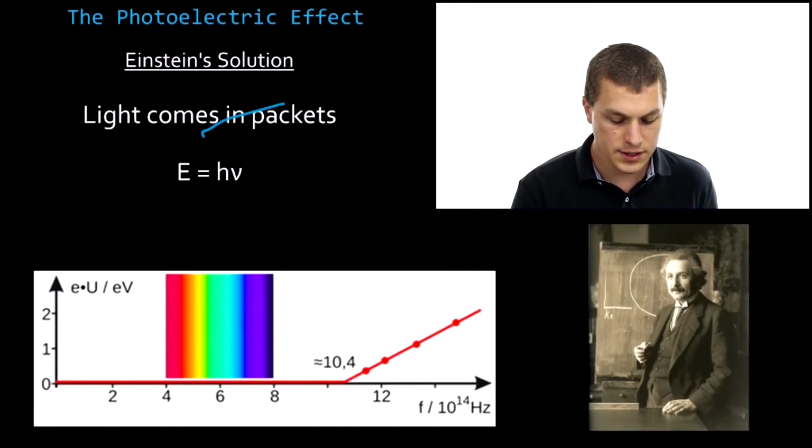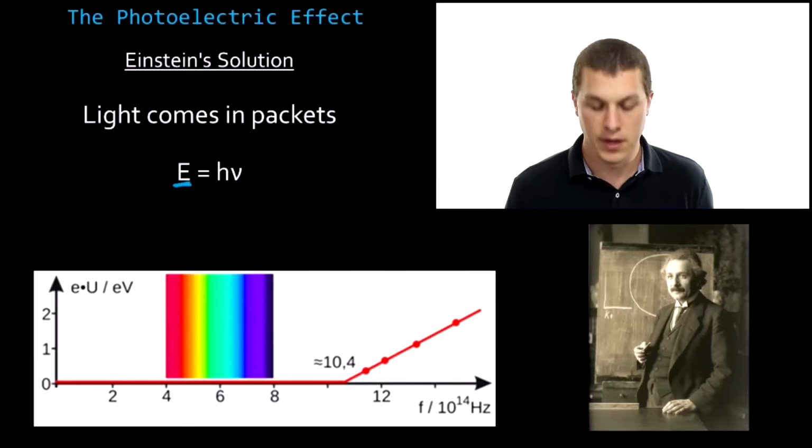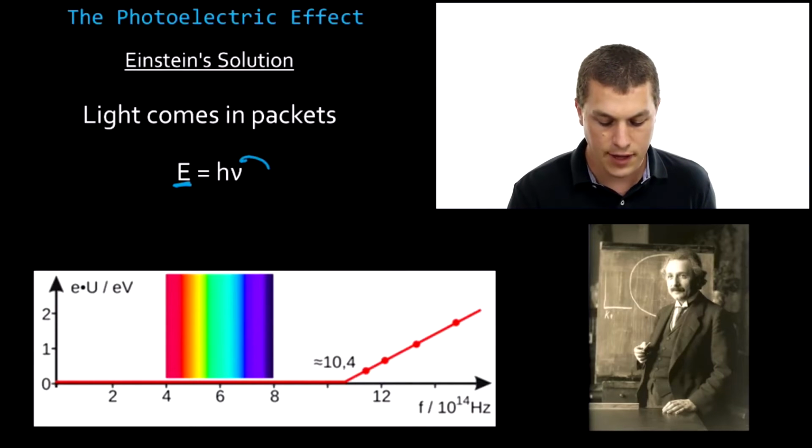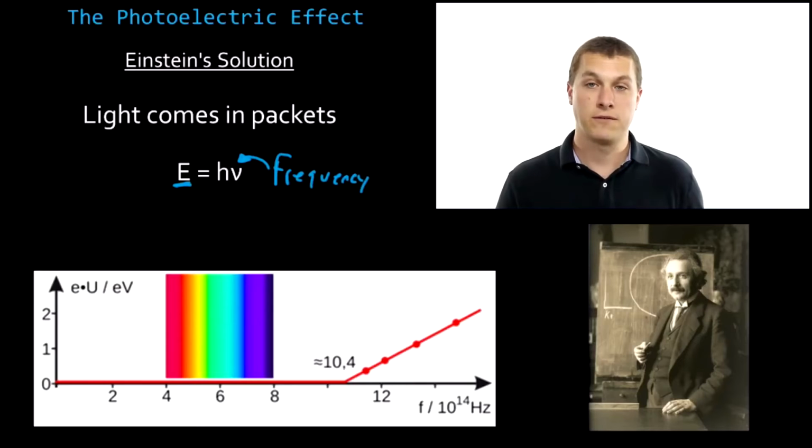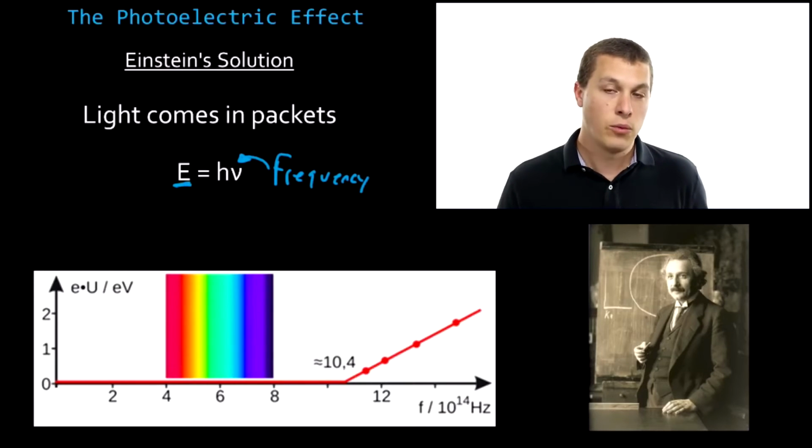This is his proposal: the energy in these light packets is equal to Planck's constant, h, times the frequency of the light. So the energy in our light packets is determined by frequency, and I think that will help us understand the results we saw in the photoelectric effect.